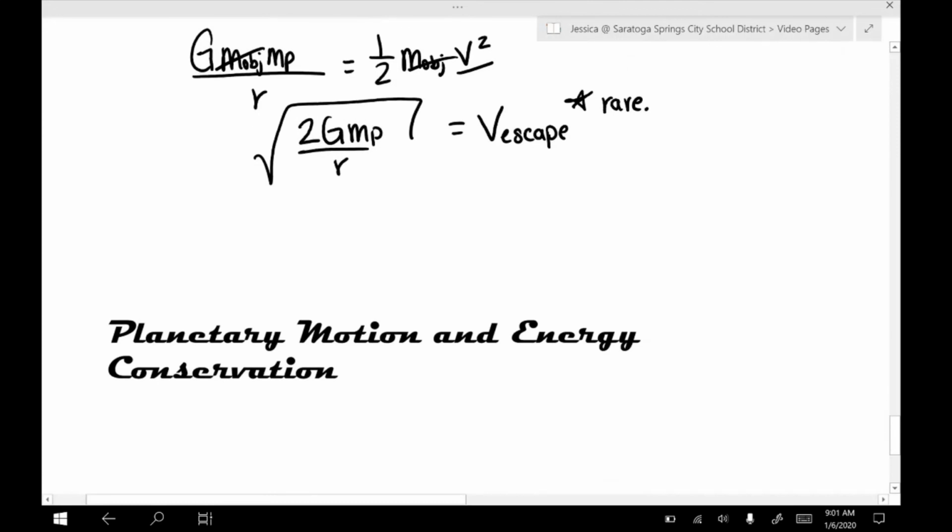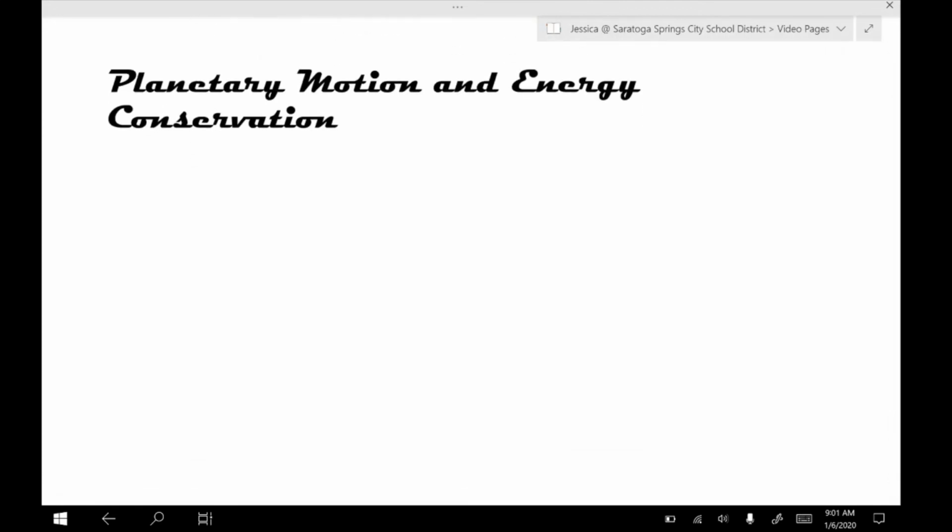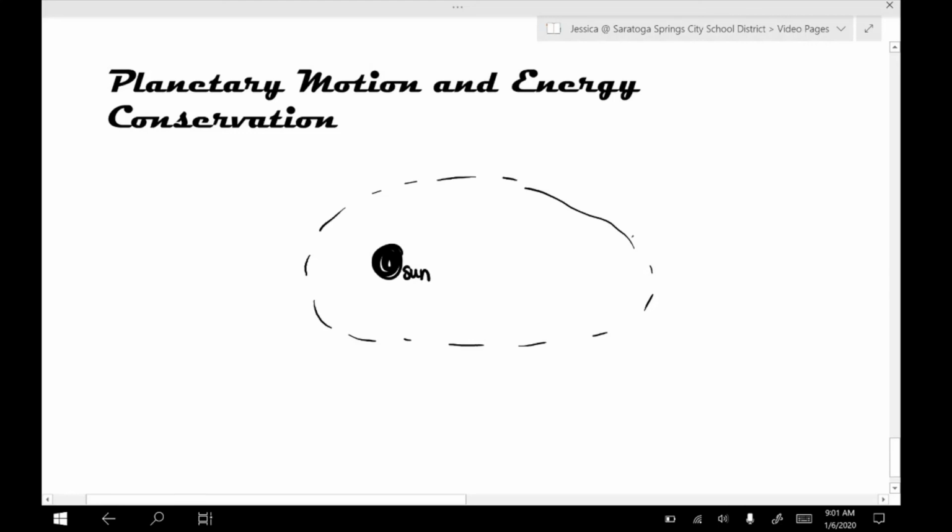Let's talk about some planetary motion and conservation of energy. You probably did a lot of this in earth science already. Let's say we have the sun here, because we know our planets move in ellipses. We have the Earth over here, and then we have the Earth over here. A lot of people know that the Earth moves faster when we are closer to the sun and slower when we are away from the sun.